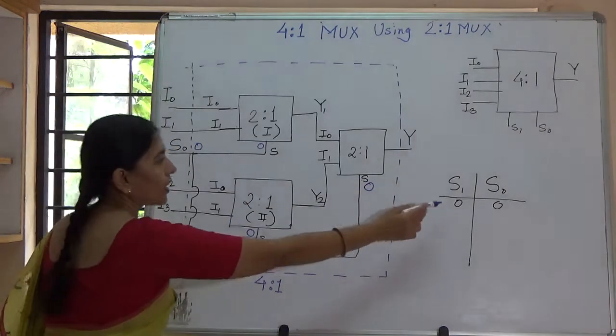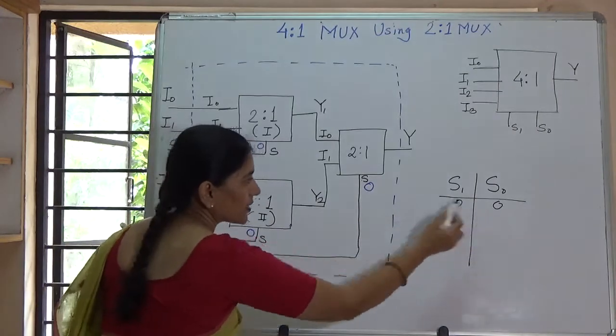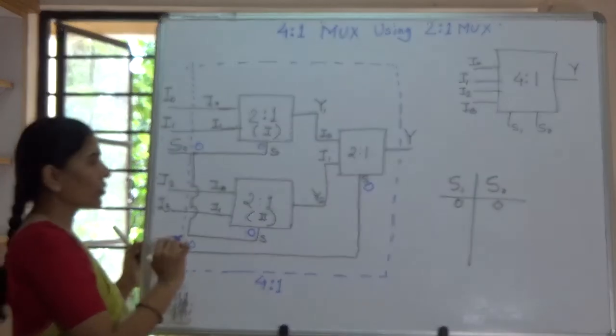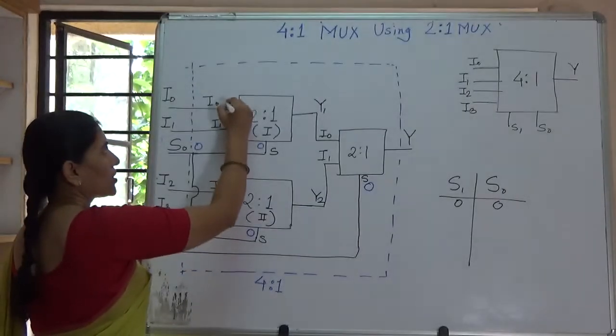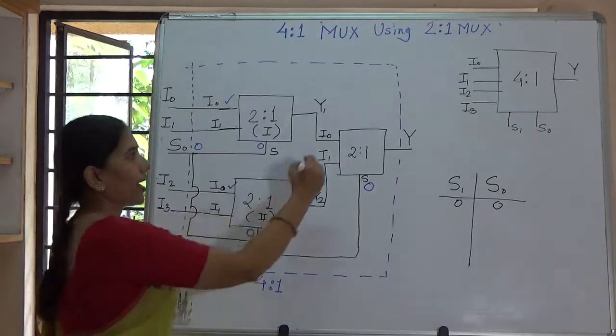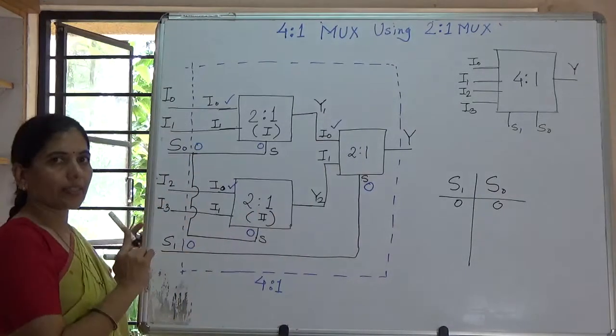So all the select lines of the 3 multiplexers will be 0, which means that I0 will be selected over here, also I0 will be selected and here also I0 will be selected.